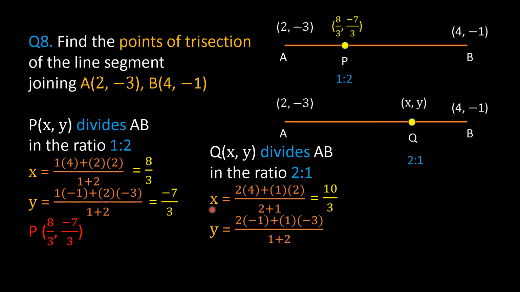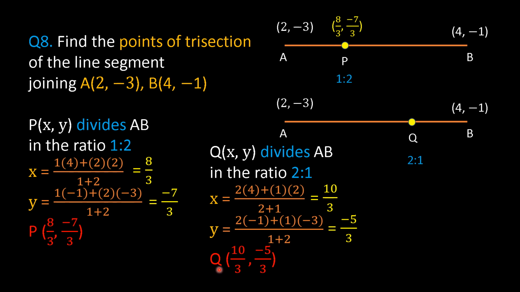So this is the x coordinate of Q, 10 by 3. Its y coordinate will be (2 into minus 1 plus 1 into minus 3) upon (1 plus 2). So that gives us minus 5 by 3. So the y coordinate of Q will be minus 5 by 3.